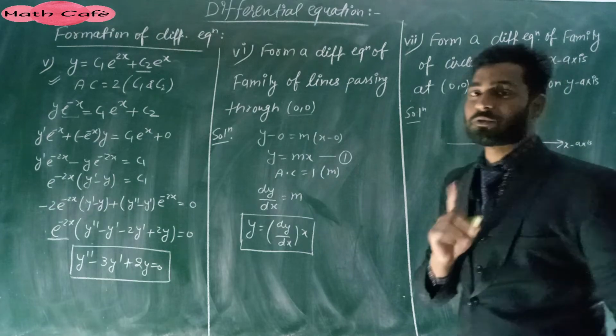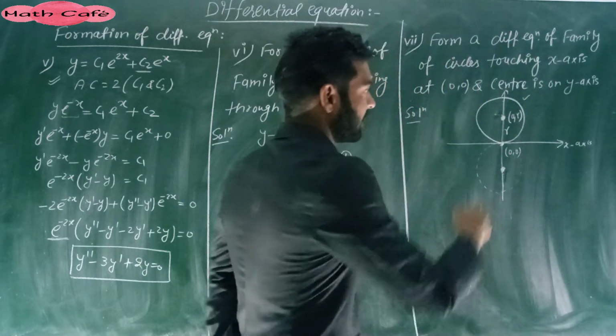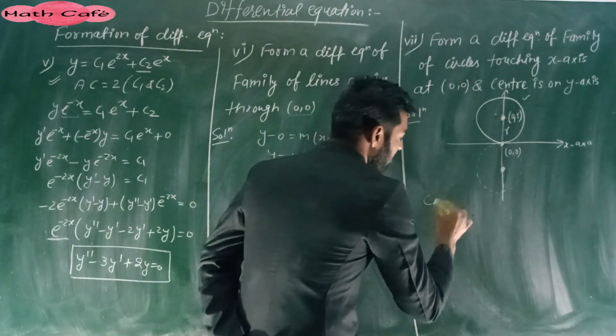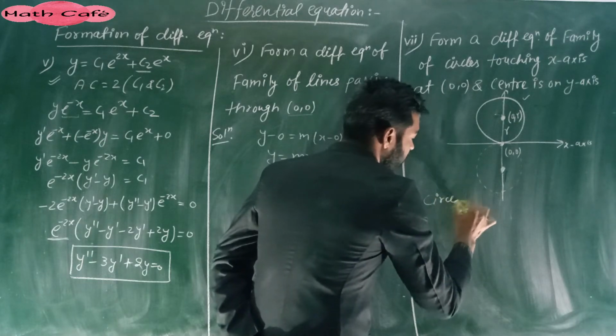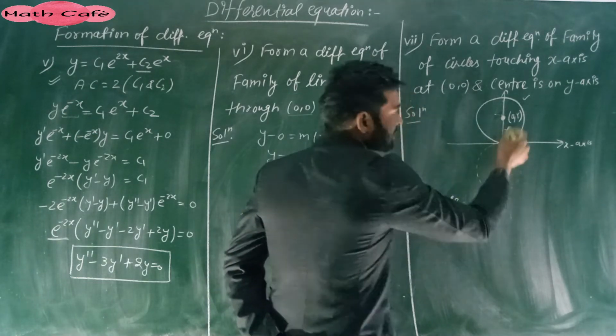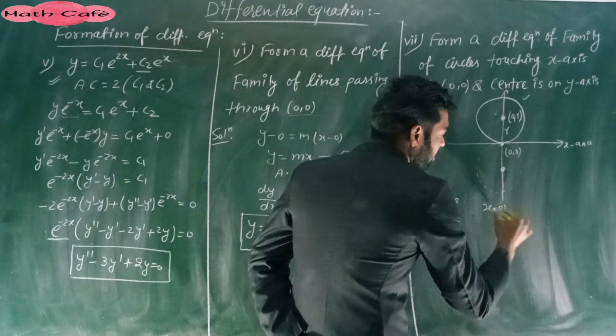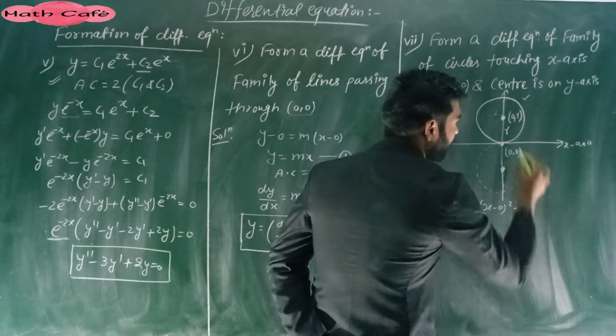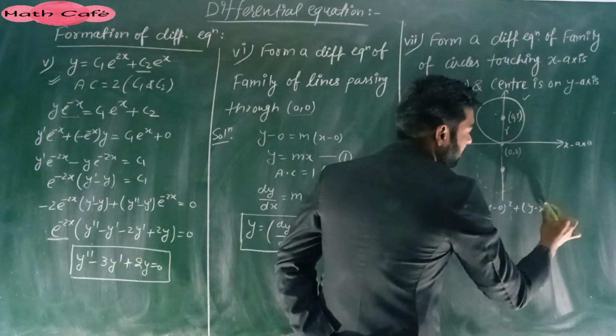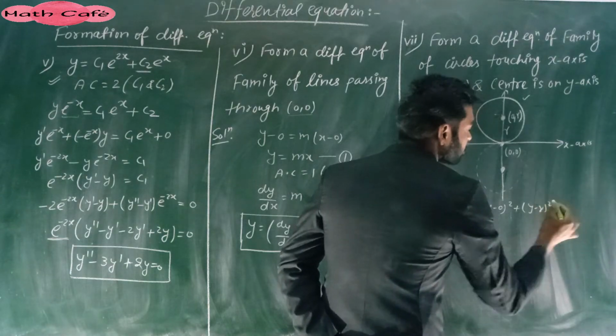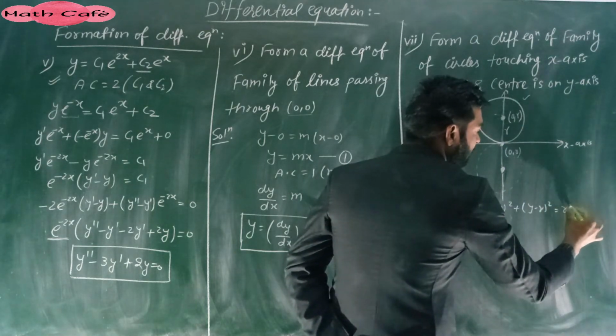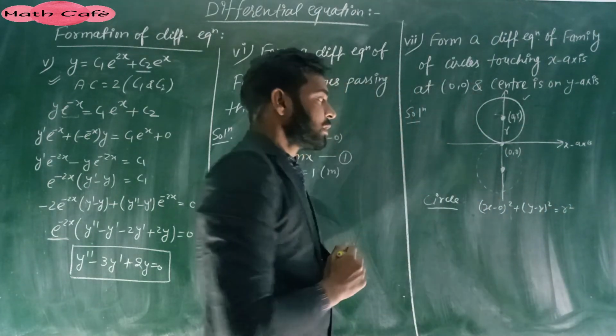Alright. So what will be the equation of this circle? Equation of the circle. So equation of the circle will become x minus x1, x minus 0 whole square, plus y minus y1, y minus r whole square, is equals to radius square, means r square. Hope you understand this.